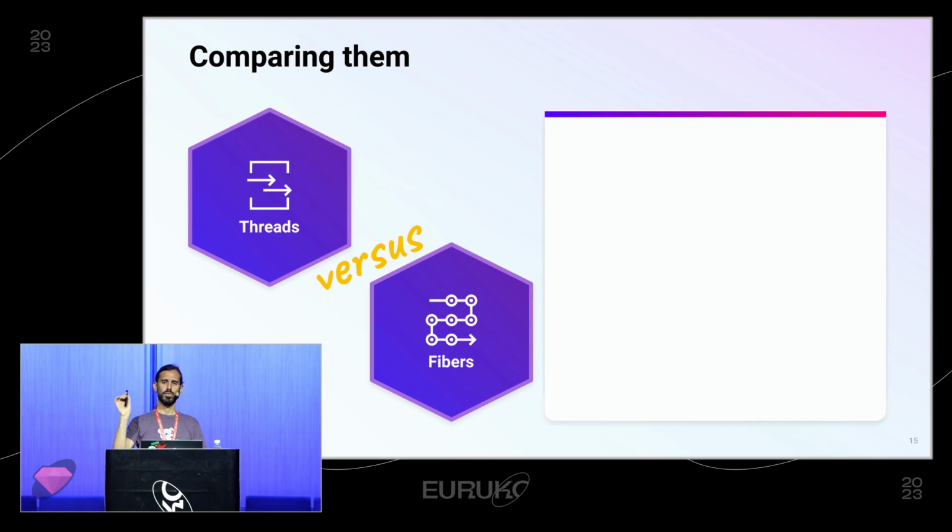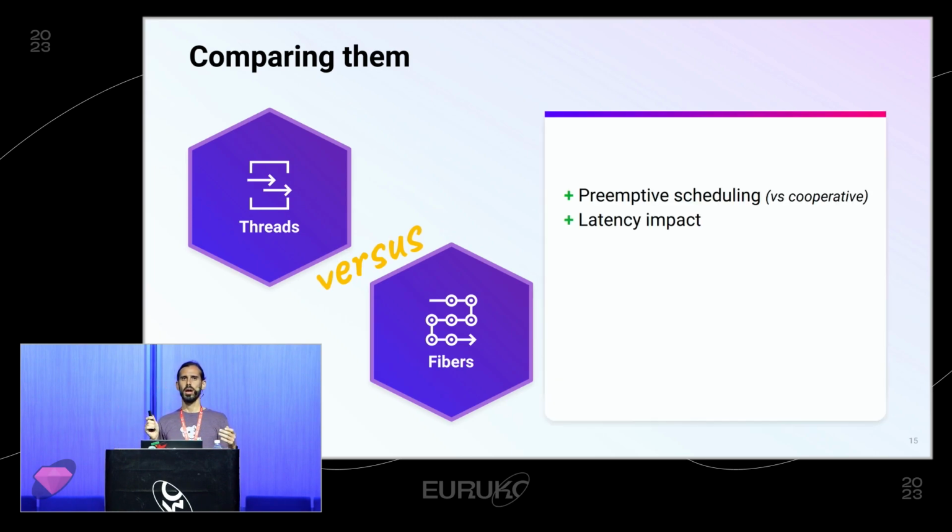Finally, threads versus fibers. Threads employ what we call preemptive scheduling, and fibers use cooperative scheduling. What these big words mean is that if you have multiple threads, Ruby will automatically switch between threads. This is what we mean by preemptive. Whereas with fibers, unless you're using something like the fiber scheduler, you have to manually switch between fibers.